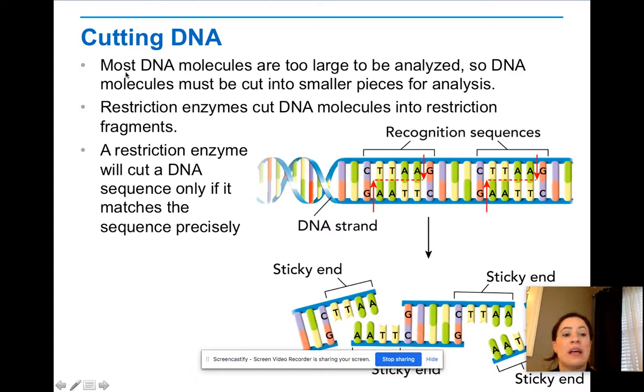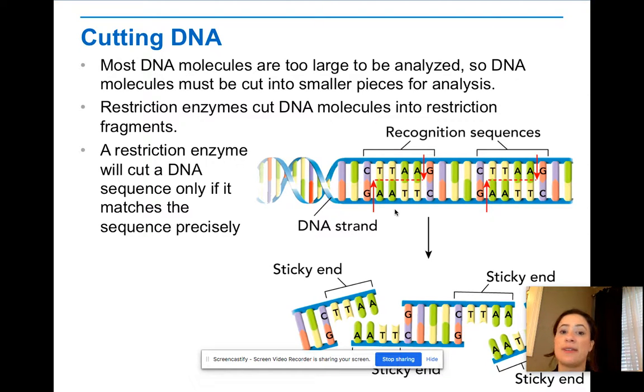Now, in order to cut the DNA, most DNA molecules are too large to be analyzed. So DNA molecules must be cut into smaller pieces for analysis. In the 1960s, biologists discovered that there were natural enzymes that existed in bacteria that cut up DNA. We have an immune system, so that if anything invades our cells, we have cells within our immune system to help defend us.